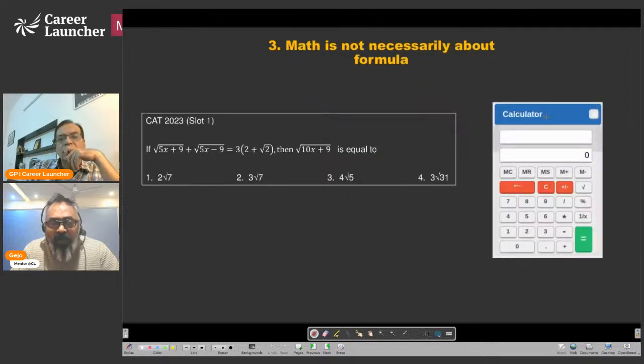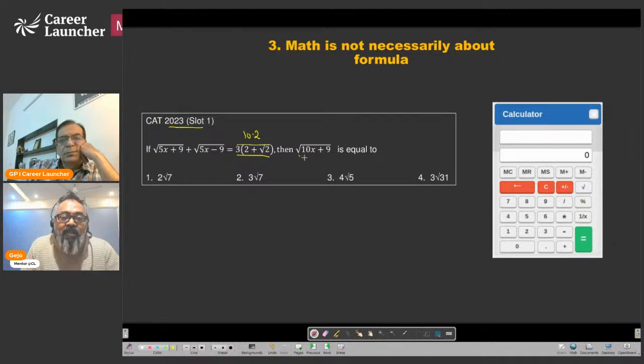And the third thing is understanding that math is not necessarily about formula. At least CAT is not necessarily about formula, right? I've just taken one example, and we can take example after example. When you look at this question on CAT 2023 slot number 1, if you use a calculator, simple 1.4 plus 2 in this becomes 10.2, right?